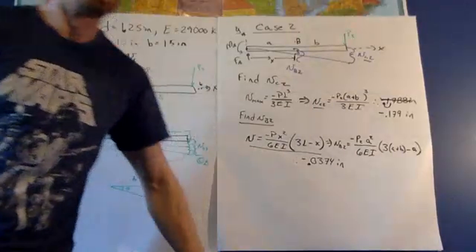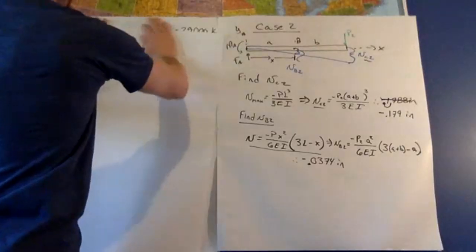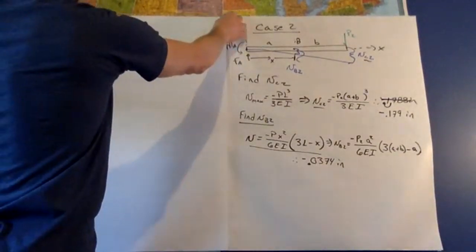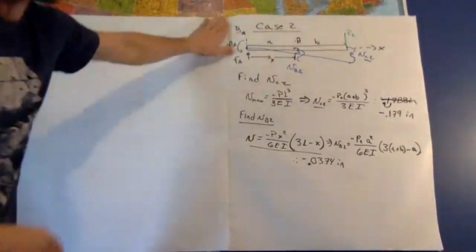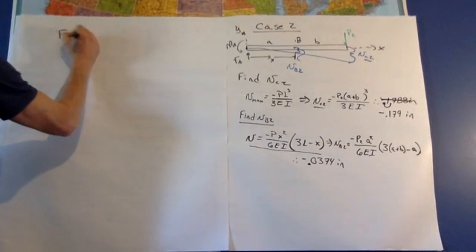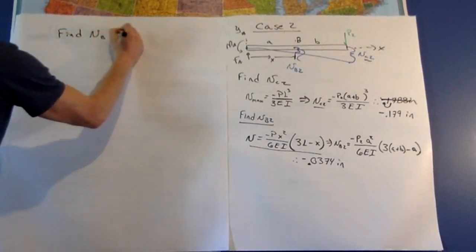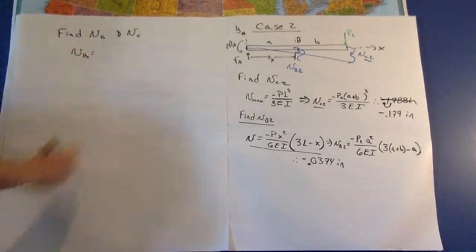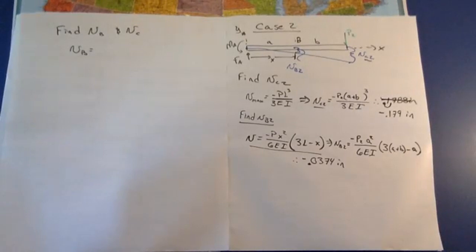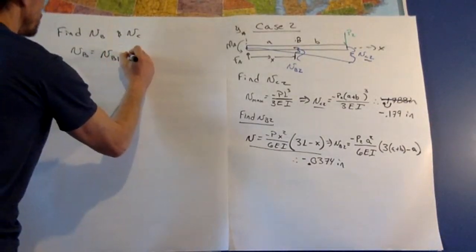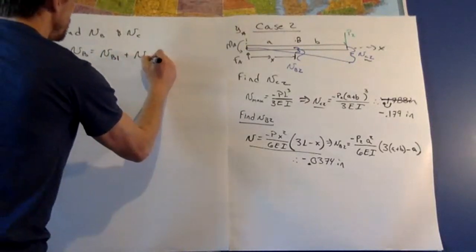Now we need to sum the two deflections together, don't we? Yep, absolutely, Lee. So find VB and VC. For VB, we had two cases, and we already found VB1. Then we add VB1 to VB2.